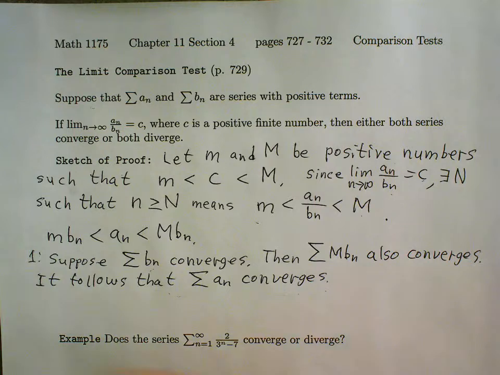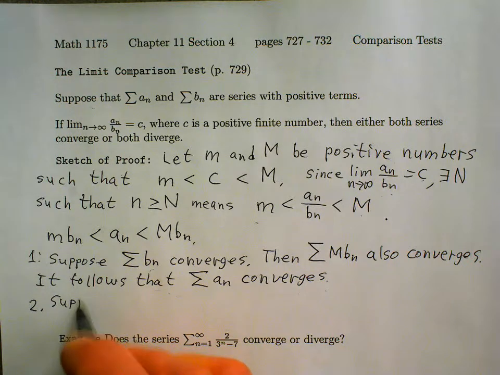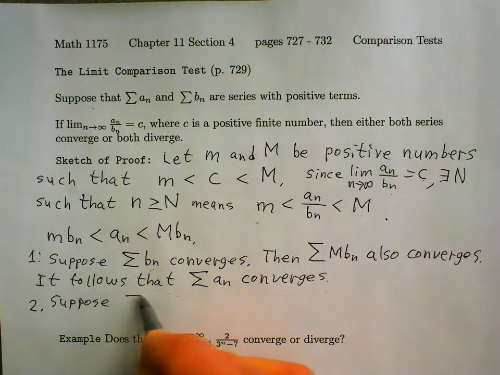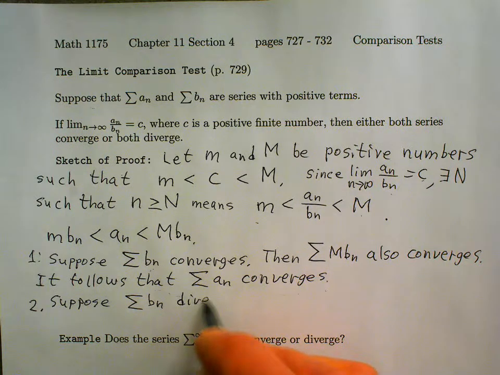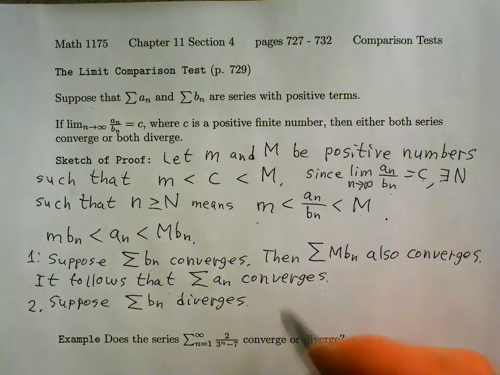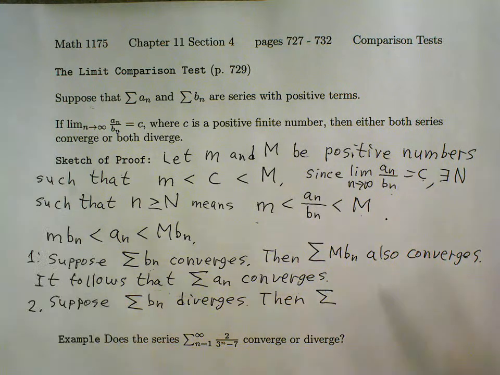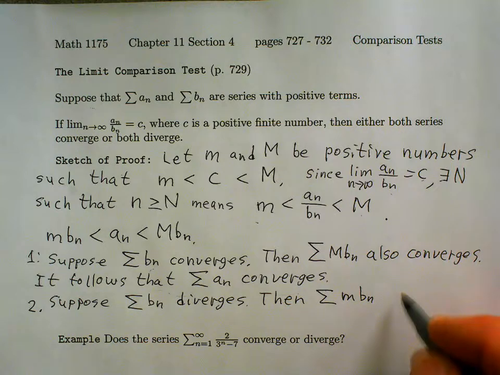And then a similar type of argument in case 2, this time we suppose the b sub n series diverges. Well, if the b sub n series diverges, then the series of the lowercase m times b sub n terms also diverges.